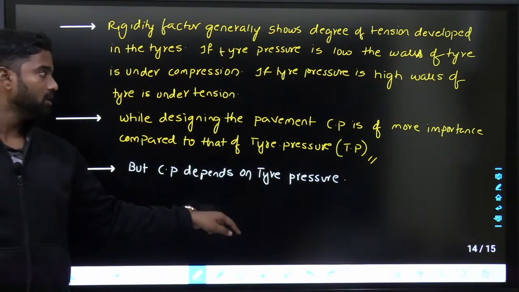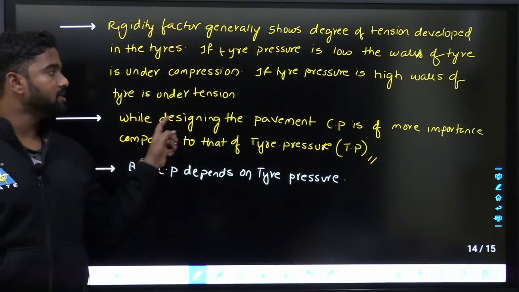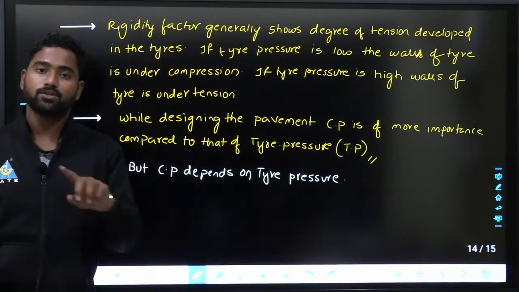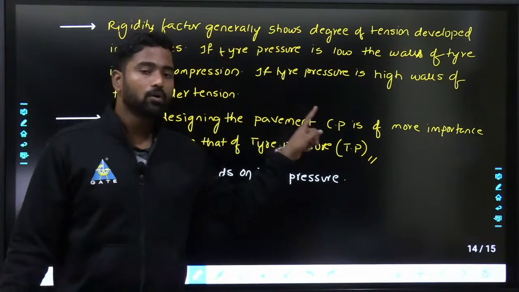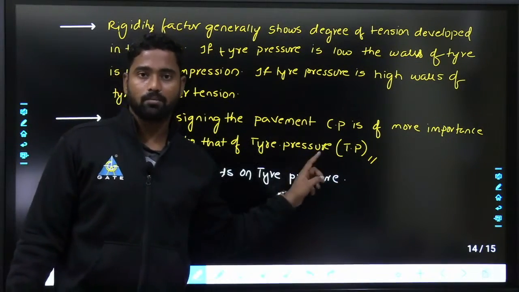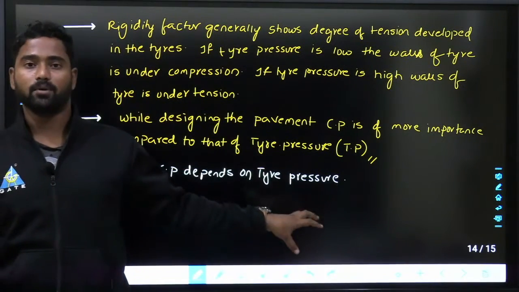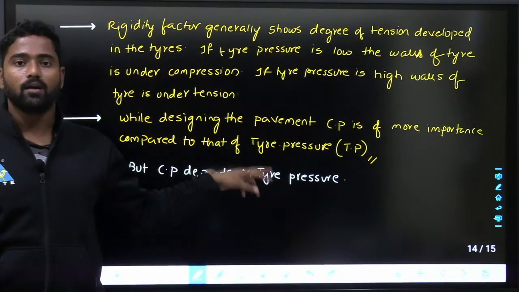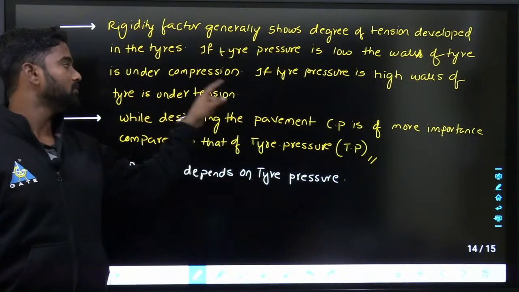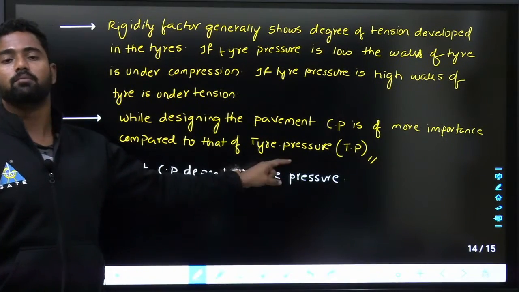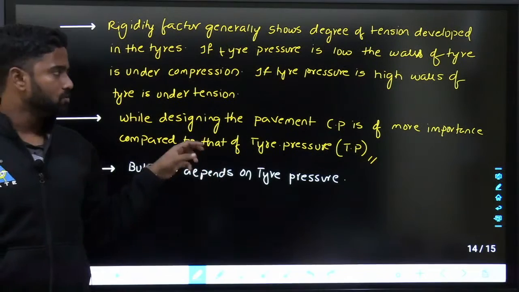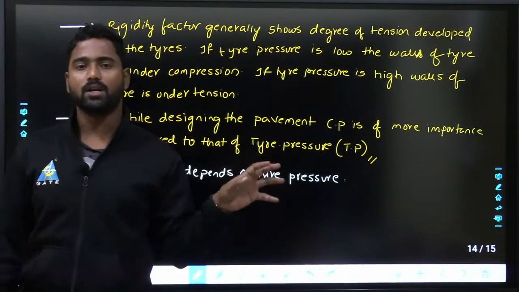Don't think that in the examination, if it is given that designing of pavement depends on tire pressure, it is wrong. Designing of pavement depends upon contact pressure, not tire pressure. But if you want to find out contact pressure, you need tire pressure. It's the contact pressure that affects designing of pavement, but not tire pressure. So these are some of the tricky things that you generally see.